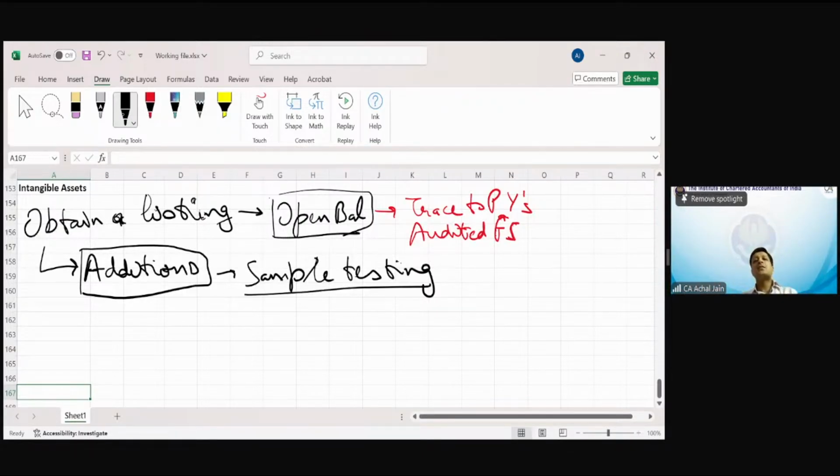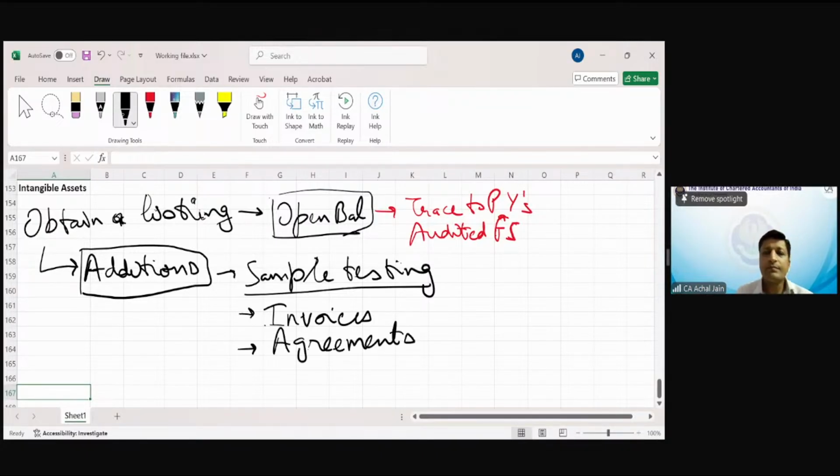If these are items which are purchased, for example, a trademark or a patent, you'll have an agreement and of course the invoice. So you'll do sample testing for the additions. You'll look at the invoices, you'll look at the agreements. So these things you'll do.